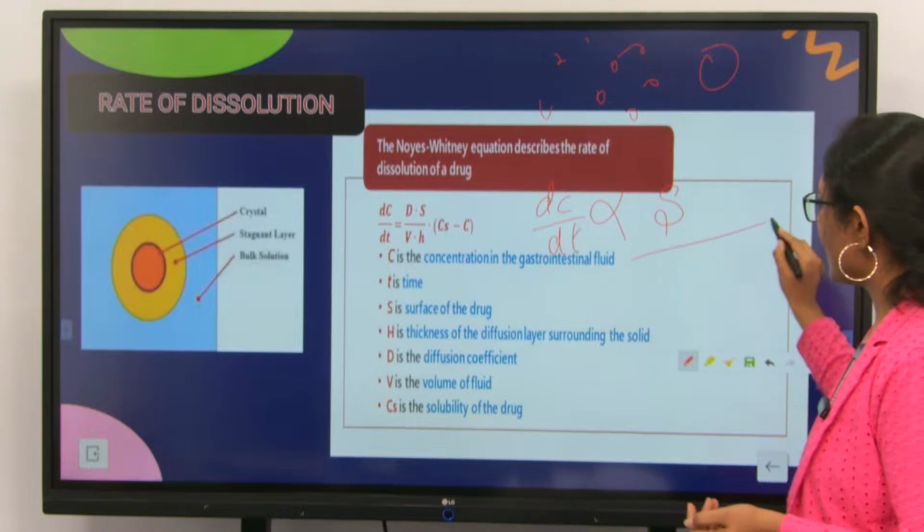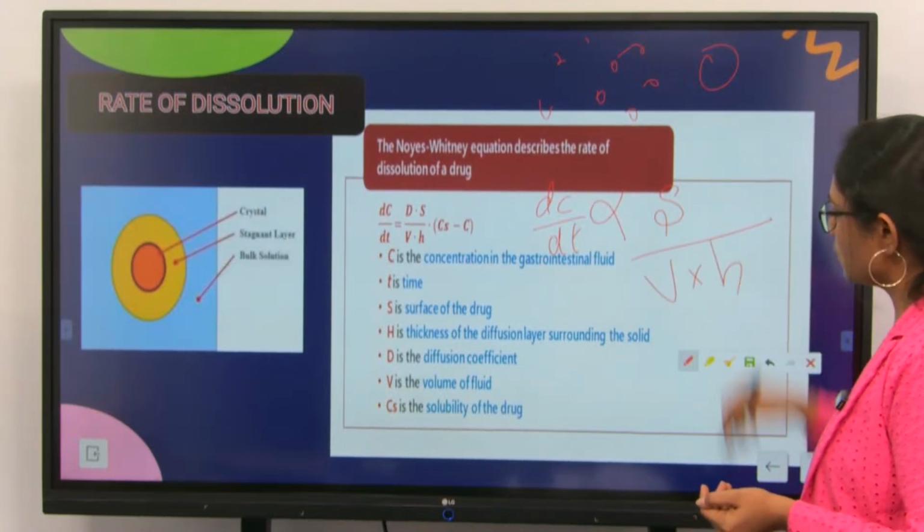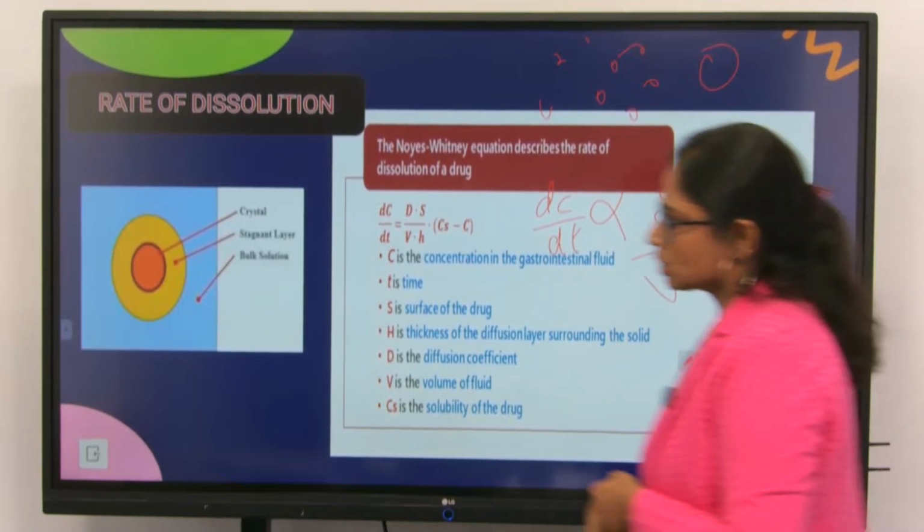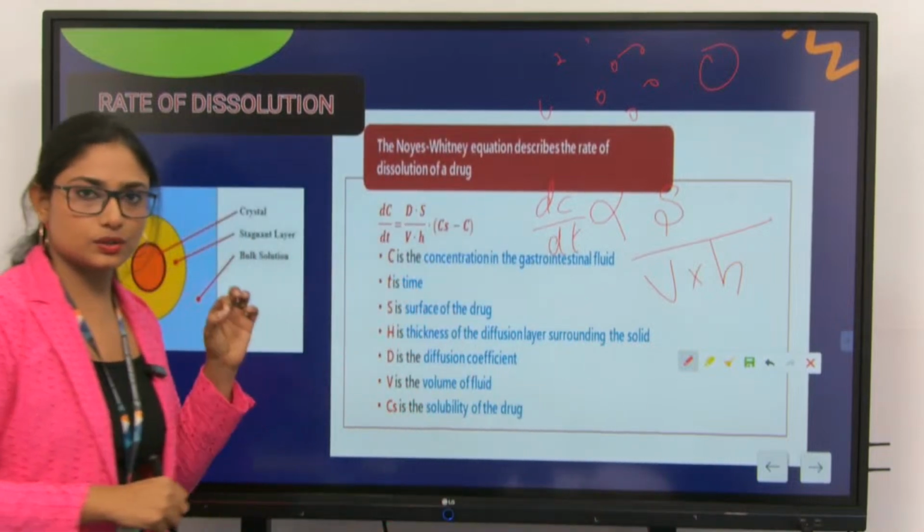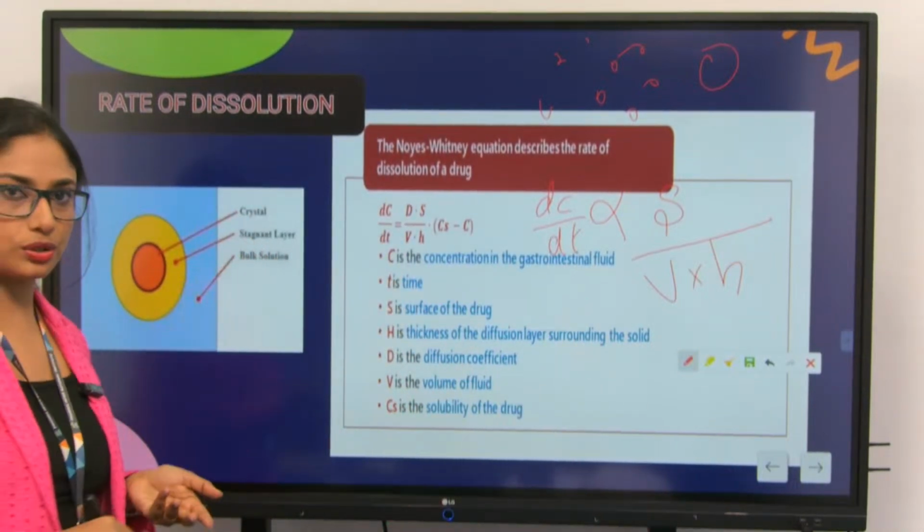Now, divided by volume into height. What is this volume and what is this height? We can take each granule to describe the rate of dissolution.